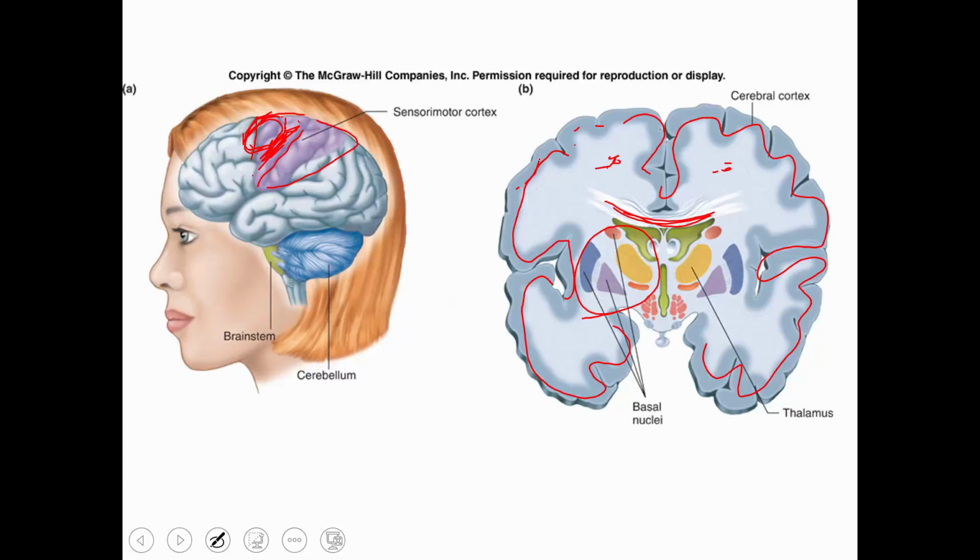We also see some lateral ventricles here. We see the third ventricle. We see these are nuclei of the hypothalamus. There's the pituitary gland, some other structures that you might be familiar with.